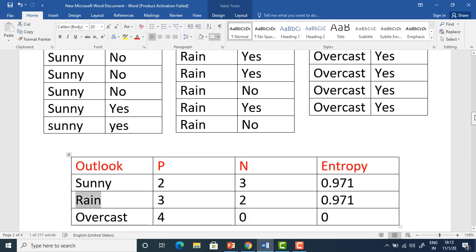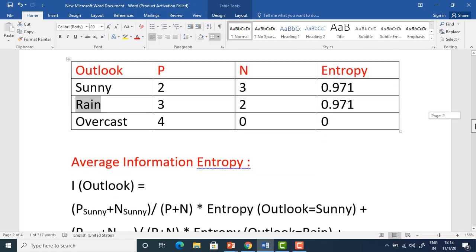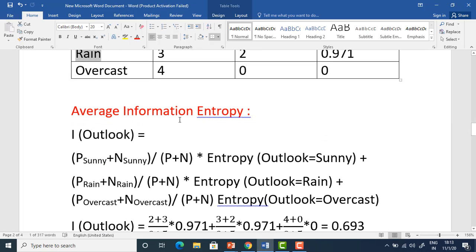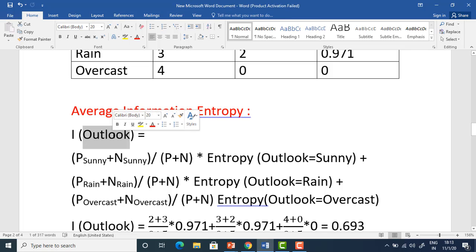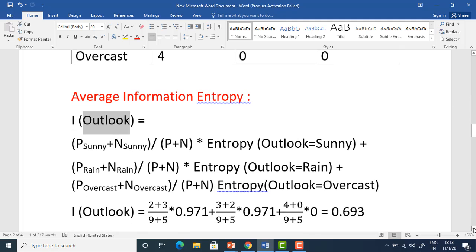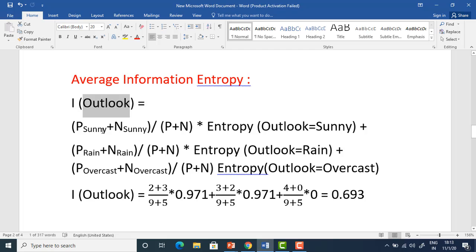The second step is to find the average information entropy of that particular attribute, here the outlook attribute. For that, I have given the formula: positives of sunny plus negatives of sunny divided by total positives plus negatives. Don't confuse this.